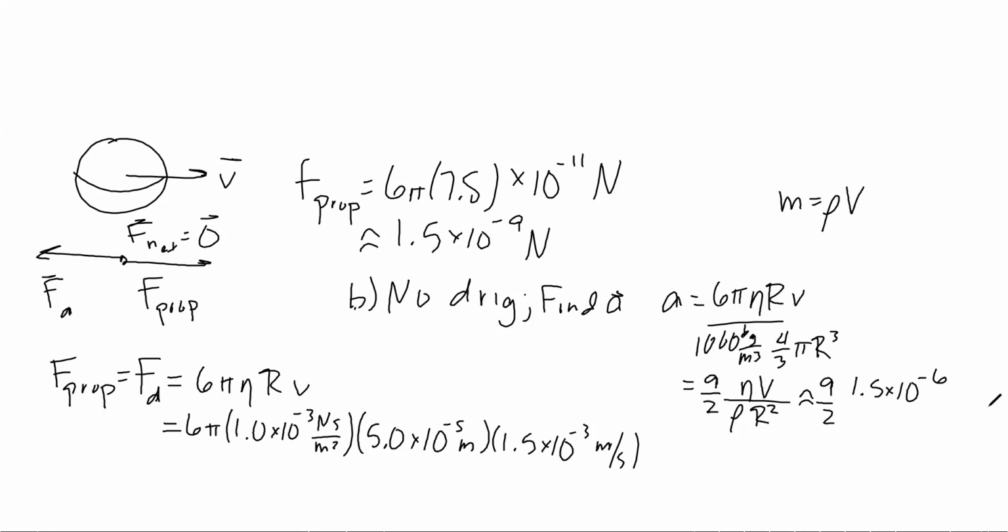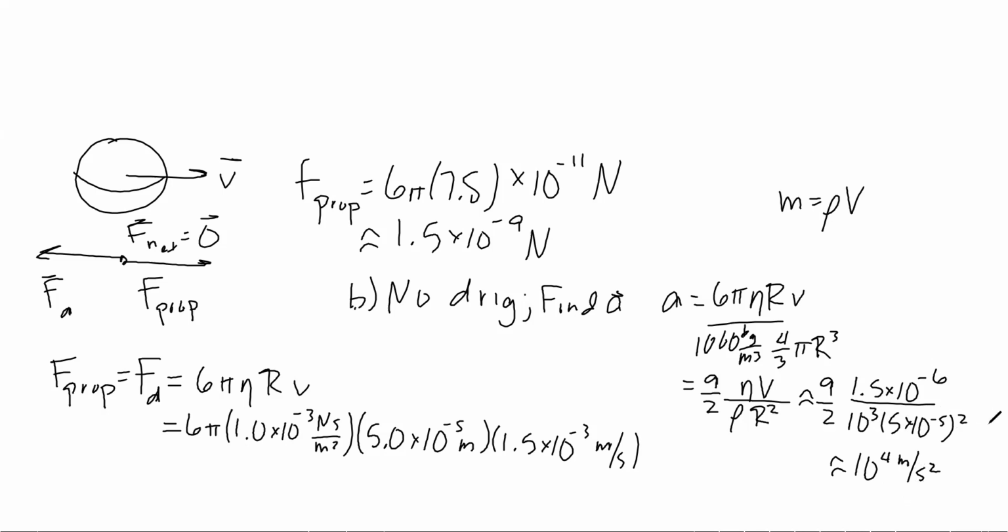But on the bottom here, you got 10 to the 3 from the density of water. And then the radius squared is 5 times 10 to the negative 5 squared. So we have what looks like a 10 to the 3, 10 to the negative 10. And so it looks to me like you're going to have an acceleration, if I would guess, a really big one, about 10 to the 4 meters per second squared.